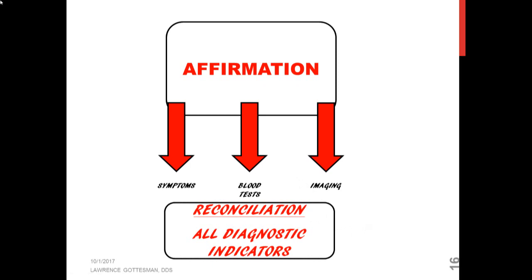This becomes very important to the practitioner, because what I'm then doing is I'm comparing the diagnosis, which I call the affirmation. I've proved it out. It's present in the blood, hopefully, and I will go back and I will look at the symptoms.